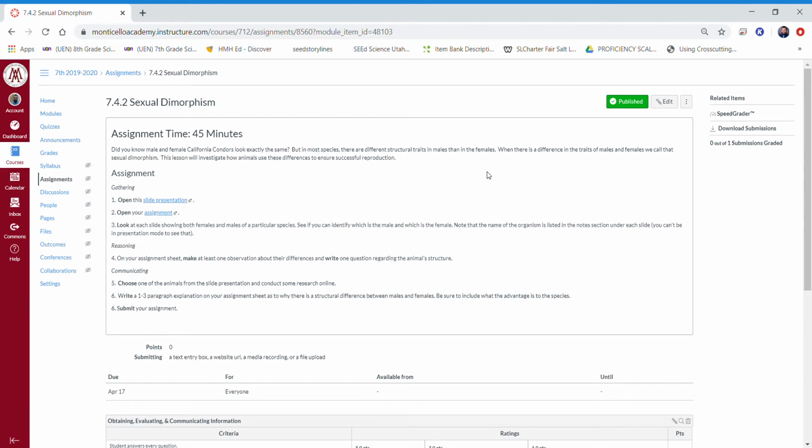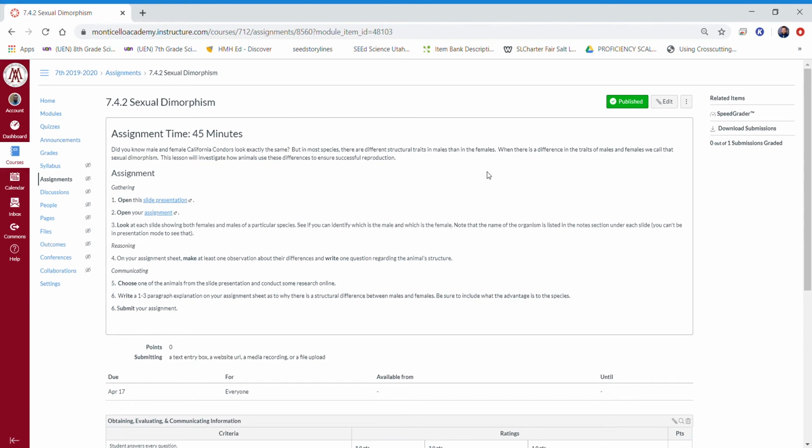So, California condors, because the male and female look exactly the same, you would say that there is no sexual dimorphism. You would look at them and you'd be like, I don't know if that's a boy or a girl. Humans, for example, are slightly sexually dimorphic. Men tend to be taller than women.